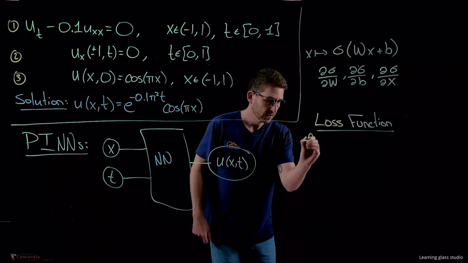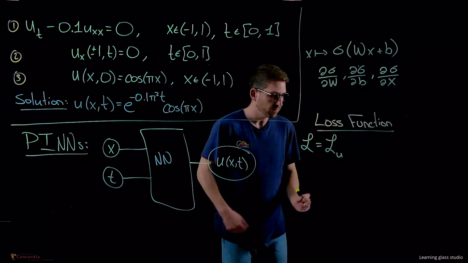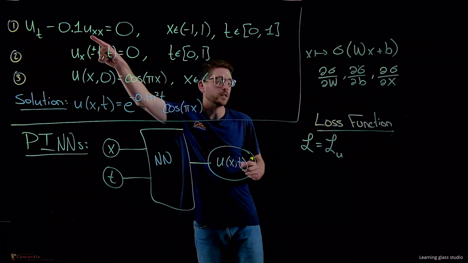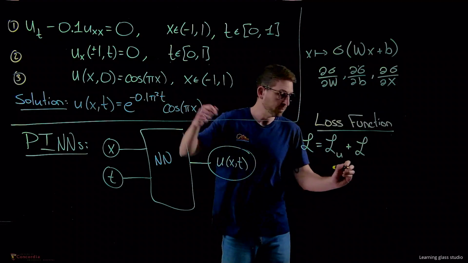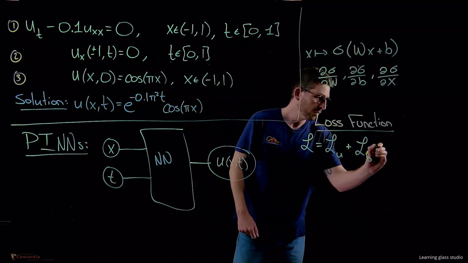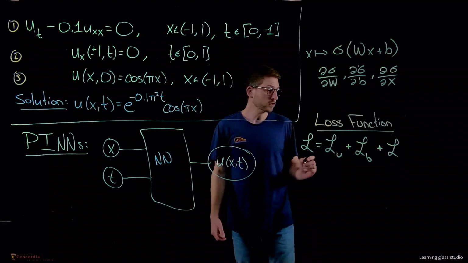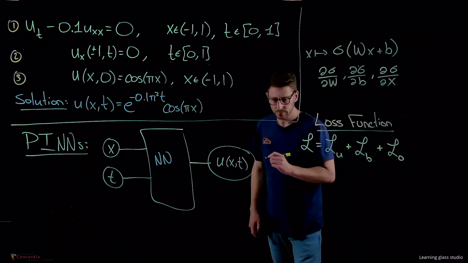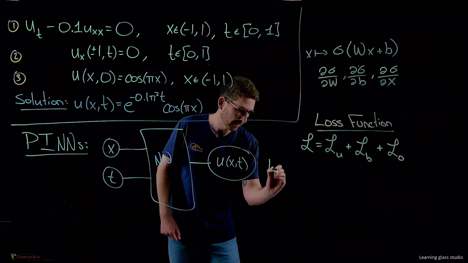I'm going to say the big loss is the loss of the partial differential equation, which I'll call L sub u, the PDE loss, plus the loss of the boundary conditions, which I'll call L sub B for boundary, plus the loss of the initial condition, which we'll call L0 for time 0. So the question is, what does each piece look like?